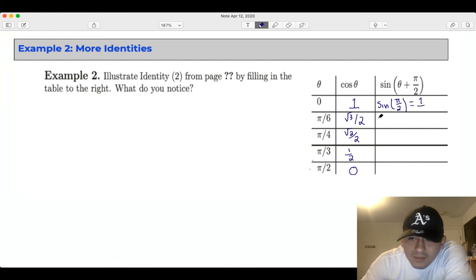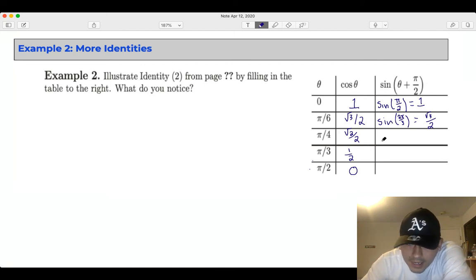For the second one, we're going to be adding pi over 2 to pi over 6. When we do that, we're left with the sine of 2 pi over 3, which is equal to the square root of 3 over 2. And I got this from my memory of the unit circle.